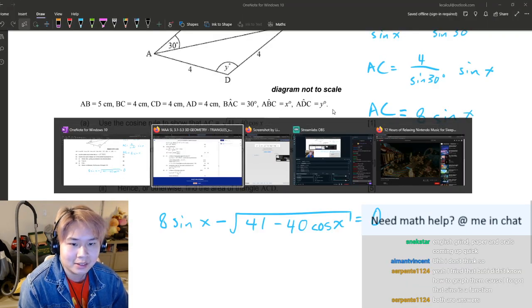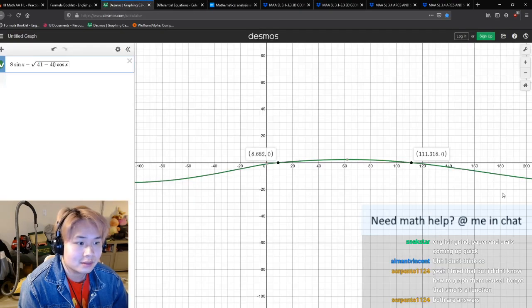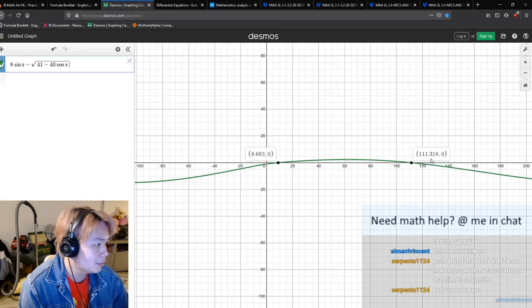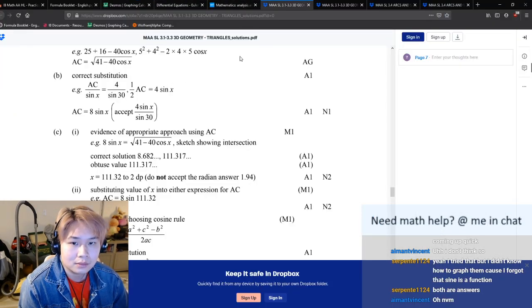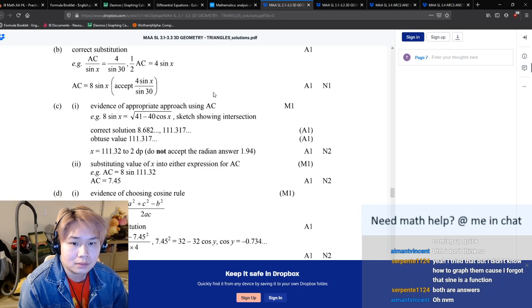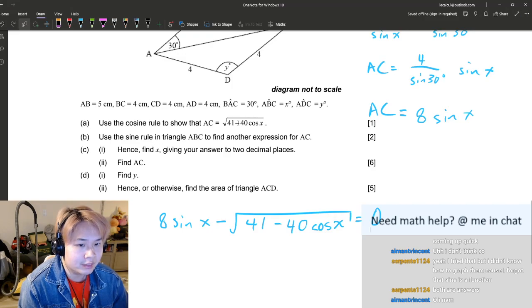Isn't that what I had? Yeah, right here. 111.32. And then they're both answers? They're both possible answers, but the angle X is obtuse from the diagram, so we choose this angle here. 111.32.